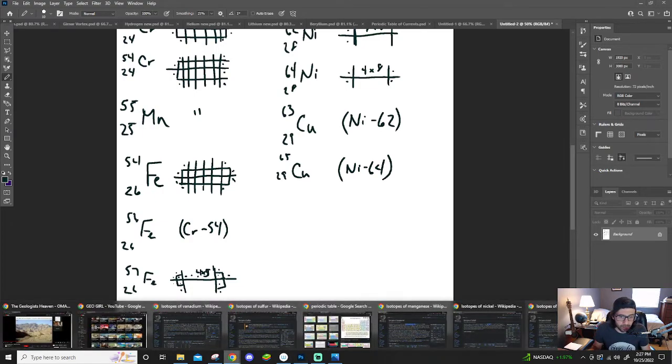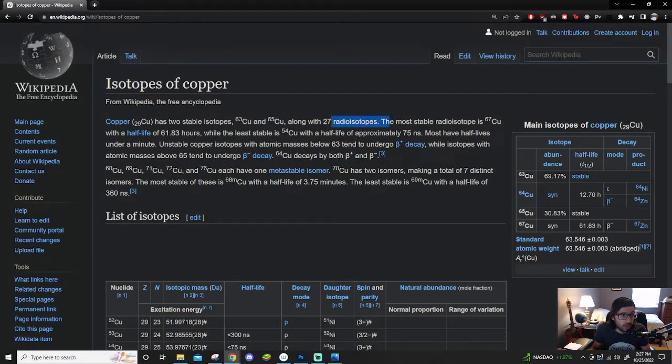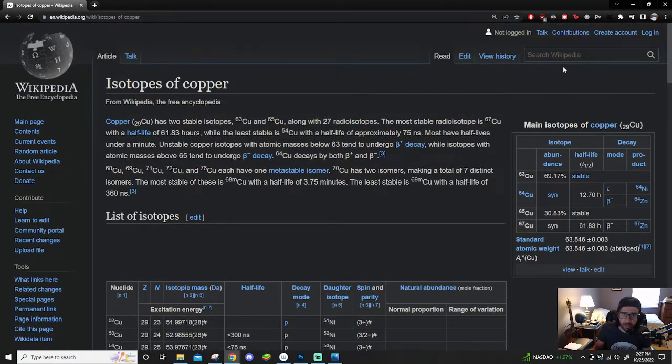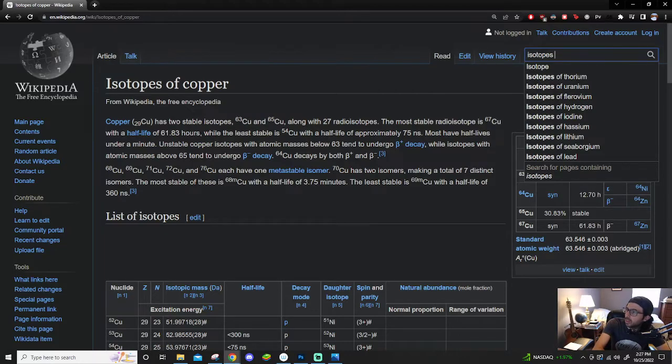Let's just give a glance at copper. I mean, it has many isotopes. None are really stable enough to matter, I would say. They're just things that aren't stable. Zinc.